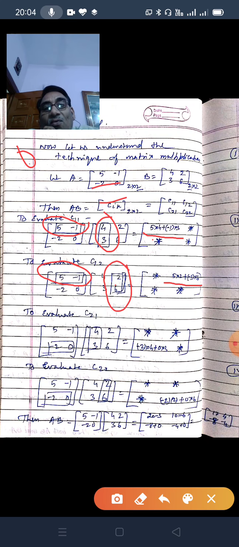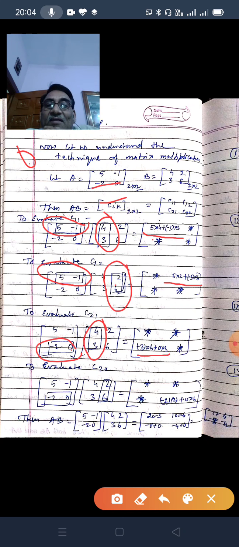Similarly, to evaluate C21, the first matrix's second row is minus 2, 0, and the first column of the B matrix is 4 and 3, and its product is minus 2 into 4 plus 0 into 3.